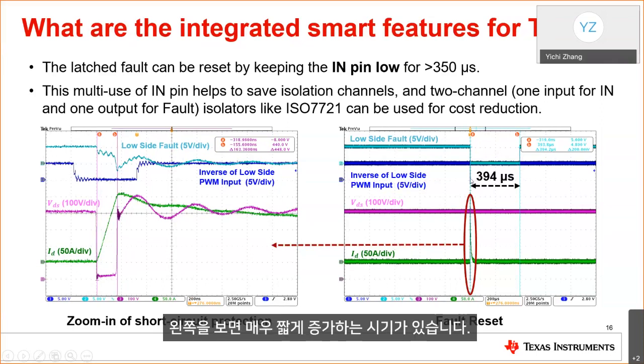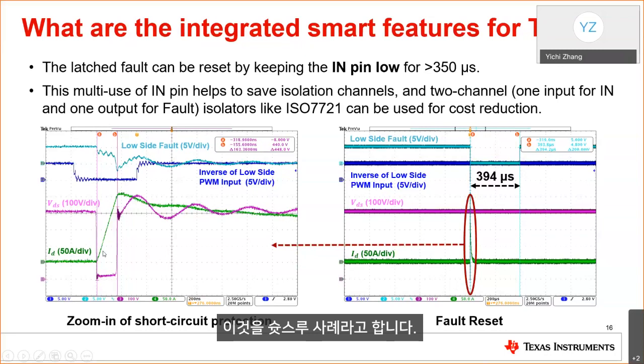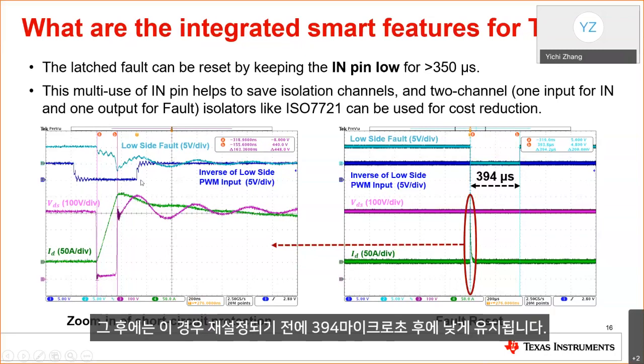On the left, you can see it has a very short going-high period. That's called the shoot-through case. After that, it's held low, and after 394 microseconds, the fault is reset.